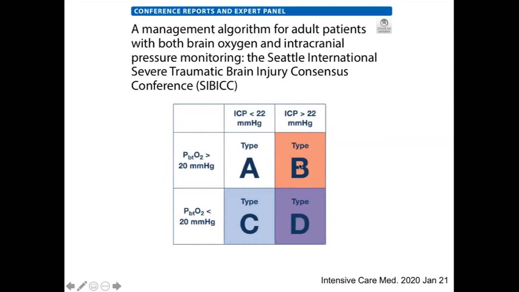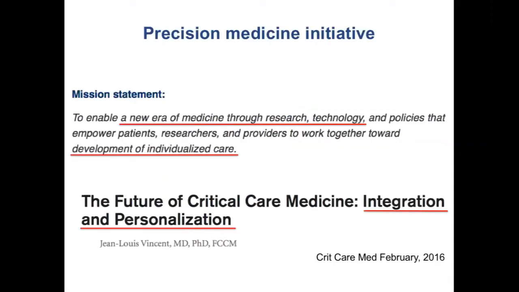In case B or case D, the treatment is different, or may be in part different, because of the pathophysiology of brain oxygenation. So I think that the future will be that of precision medicine, to try to individualize the treatment of every patient based on his physiology on a particular day, in a particular time course of his disease.